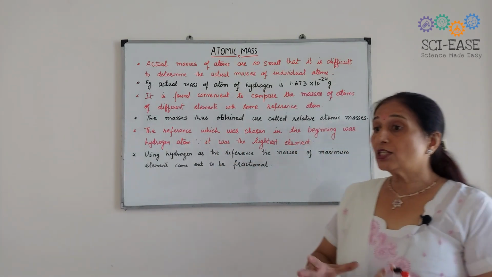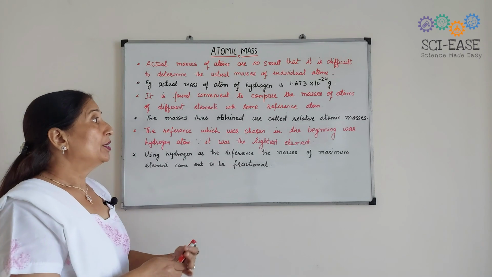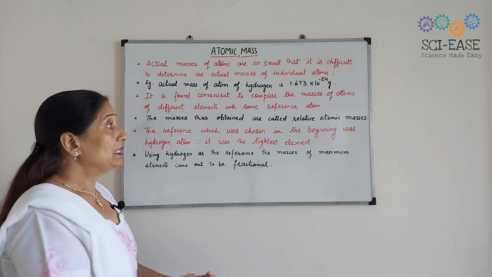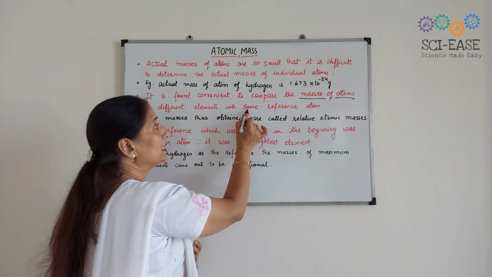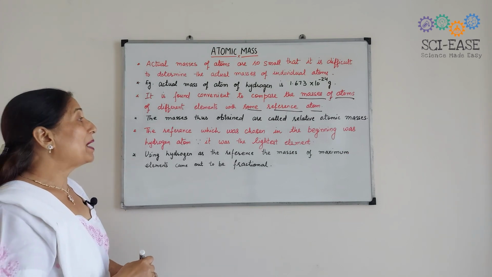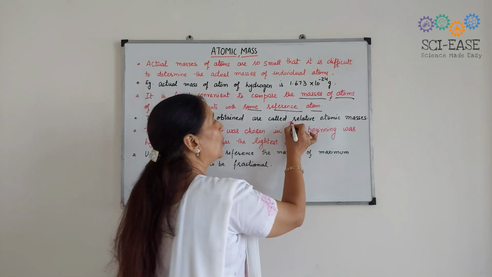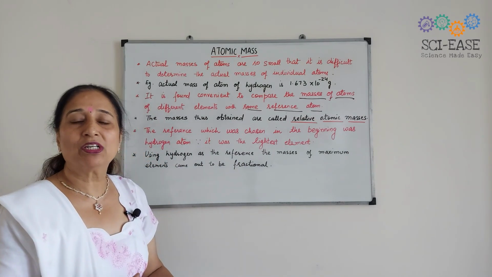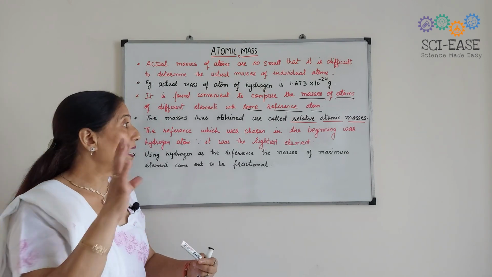So it was found convenient to compare the masses of atoms of different elements with some reference atom. And the masses thus obtained are called relative atomic masses of atoms of different elements.